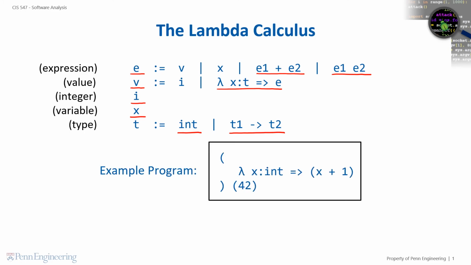This example defines a function that takes an integer x as an argument and returns x plus 1. The type of this expression is int arrow int. Then this function is applied to the integer 42, yielding the integer 43.